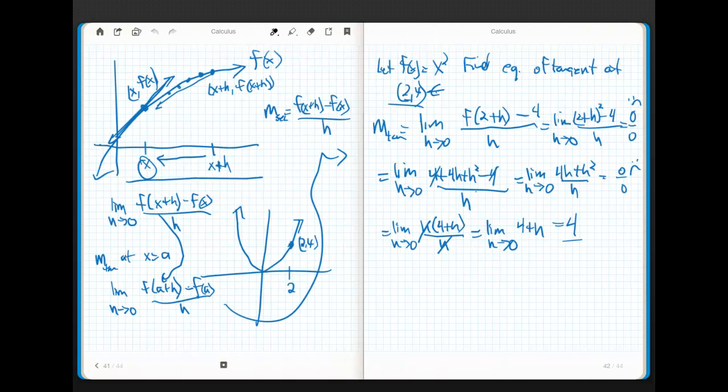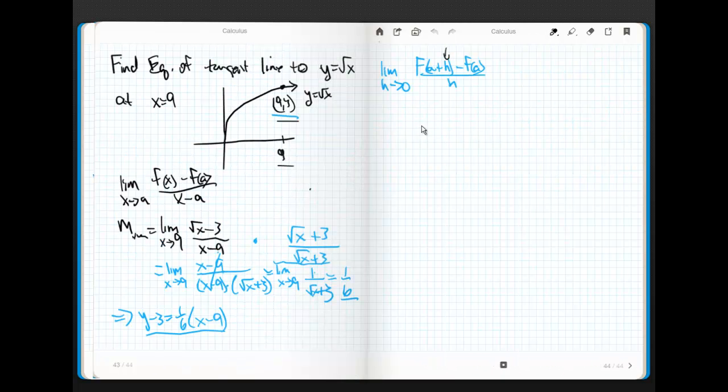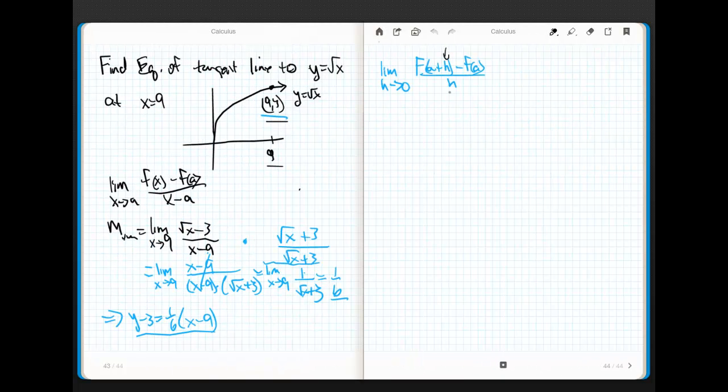If I go back here, h was this value that we're sucking back to x. The only reason it's there is so that we can take the limit as it goes to 0, because we had that difference quotient, that algebraic construct that built our slope of the secant line. Right now, we're just going to leave it as an h until we can make it disappear or take the limit as h goes to 0.